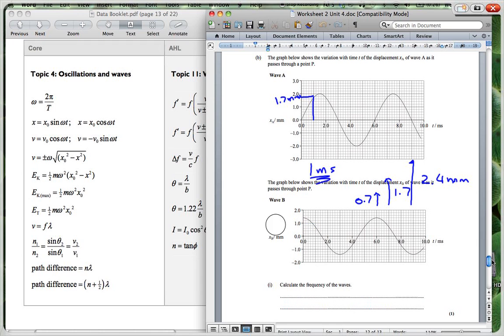Good, let's have a look now at the 8. Now here at 8, for this wave A, we're over there, and we are about 1.7 millimeters.